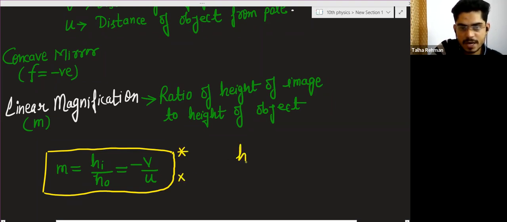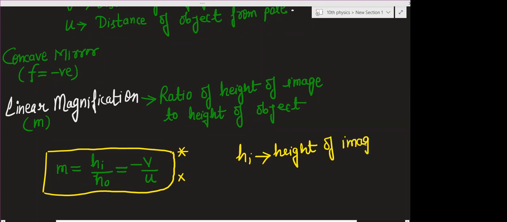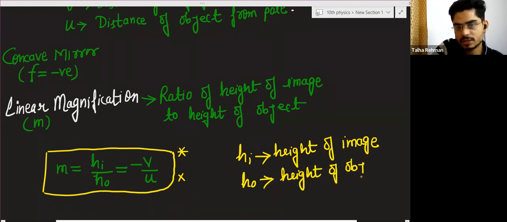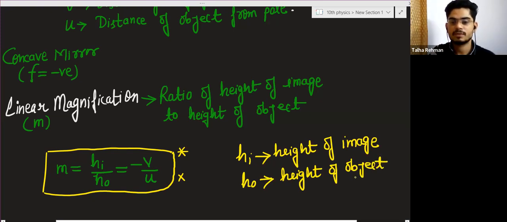Where hi is the height of the image, or you can say the size of the image, and ho is the height of the object, or you can say the size of the object. Please note it down.